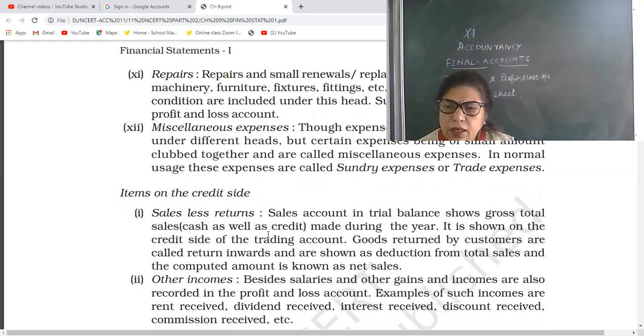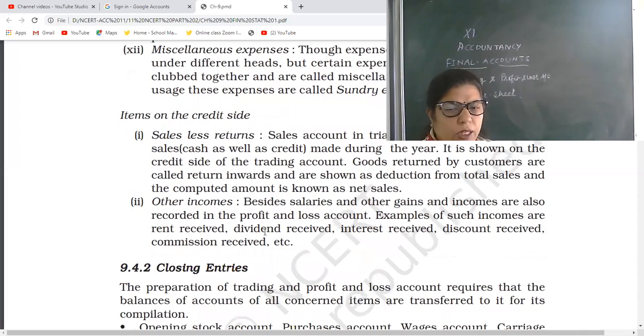If you are a landlord, rent receipt. If you have invested in a company, dividend receipt. If you have invested in banks, interest receipt. If you are dealing on a cash basis, discount receipt. Commission received if you have performed some work as an agent.